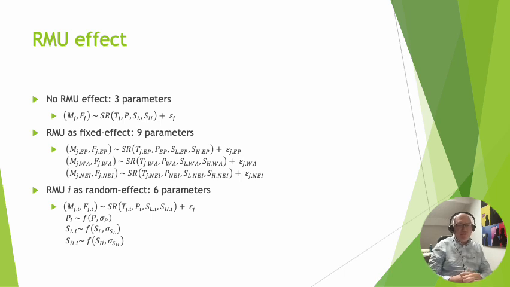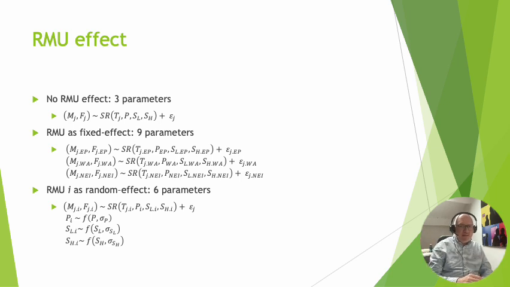If you don't have an RMU effect, the number of males and number of females for an experiment j is based on the sex ratio model for the temperature j with the parameters P, S_L, and S_H, which are the parameters for the species, plus an error that is due to the sampling because M and F are limited numbers, they are not infinite.